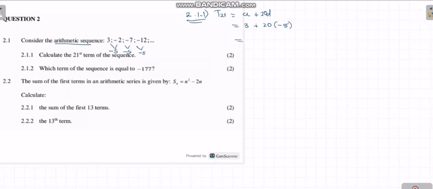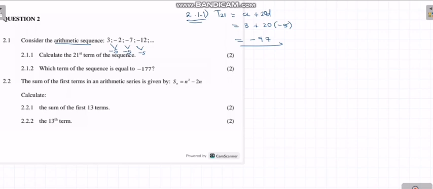Therefore -100 plus 3, which is -97. So that's term number 21.